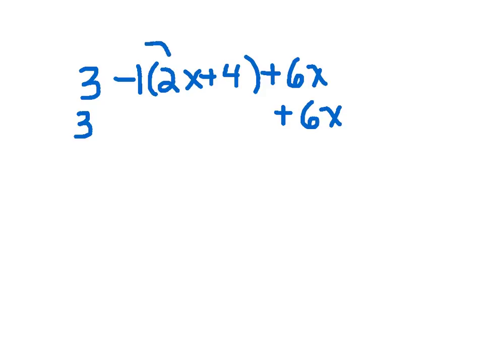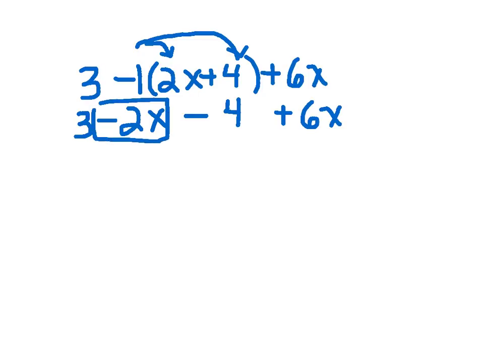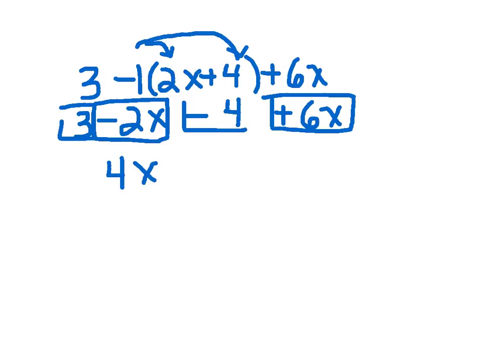Negative 1 times positive 2x is negative, so minus 2x. Negative 1 times positive 4 is negative, or minus 4. When I combine my like terms, I've got negative 2x that I'm putting together with positive 6x, which is 4x. And then positive 3 I'm putting together with negative 4, which gives me negative 1.